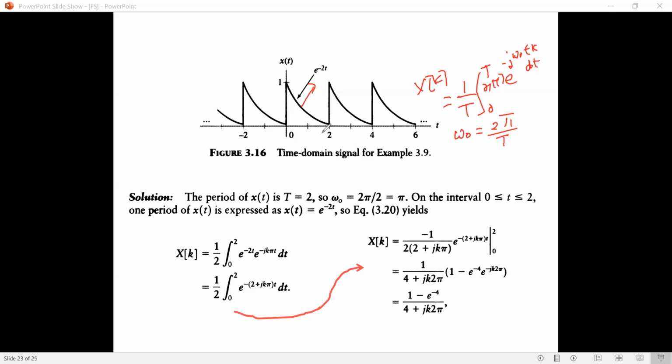In your case, your period T equals what? 2, isn't it? If your period is 2, then omega is equal to pi. Then this general equation will take this form.